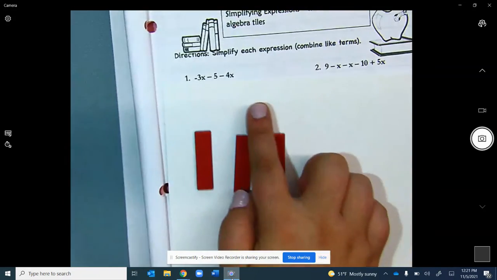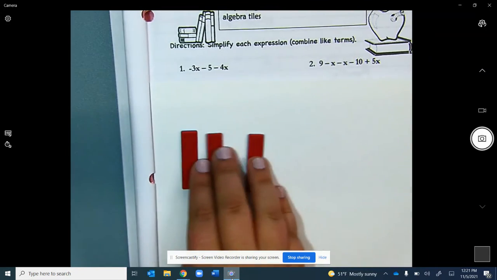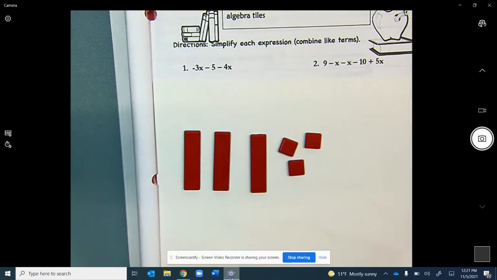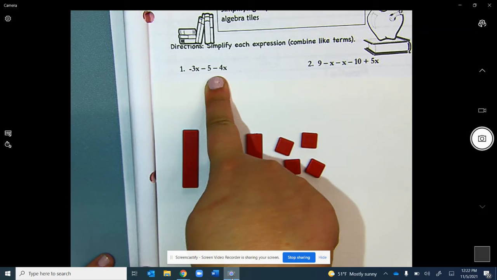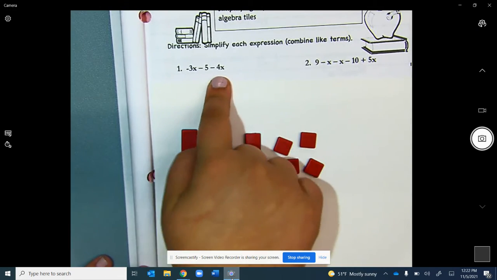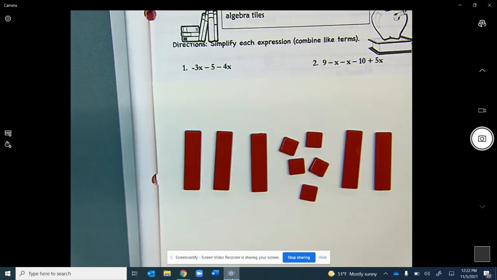So I'm going to put down 5 negative tiles, the -1 tiles, I should say. 1, 2, 3, 4, 5. Okay, and then I have more negative x's. I have -4x right here, so I'm going to add 4 more negative x's.